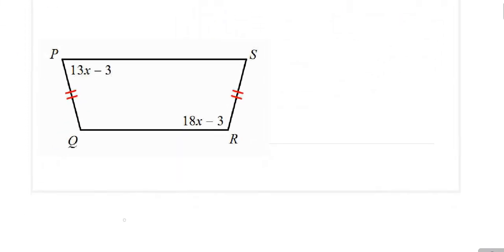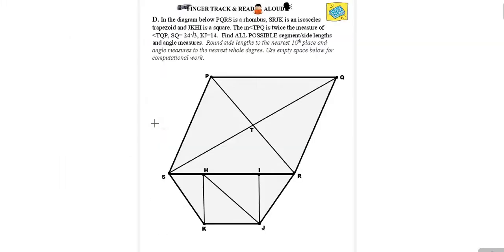Coming down here, once again, the yellows are congruent because they have two equal sides, two equal angles. Now, if the yellows are equal and the greens are equal, I can transfer this 13x minus 3 over here. And then, of course, we have a transversal again, or stir stick.